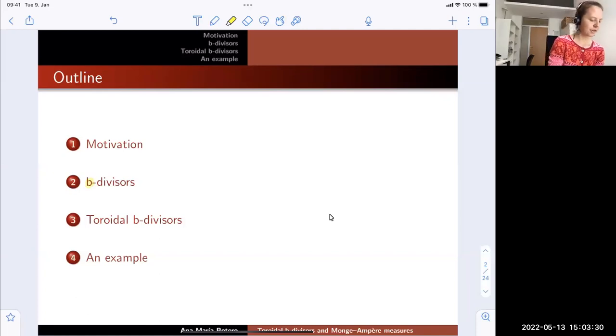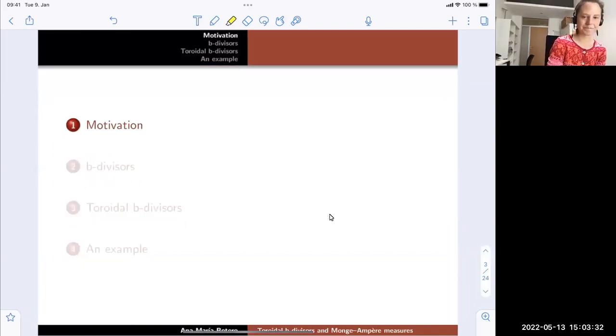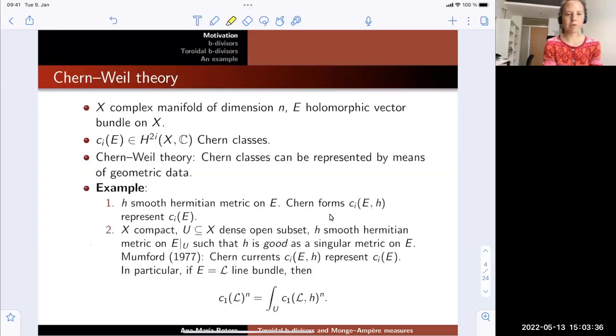So let me start with the motivation. The main motivation is the so-called Chern-Weil theory. So we start by considering X a complex manifold of dimension n, and E a holomorphic vector bundle on X. Given this, you can consider the so-called Chern classes.